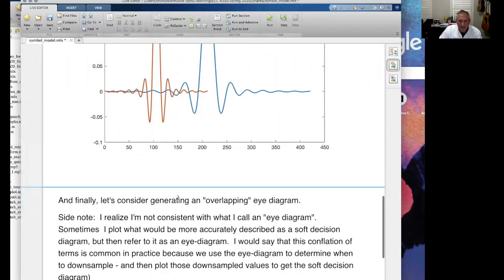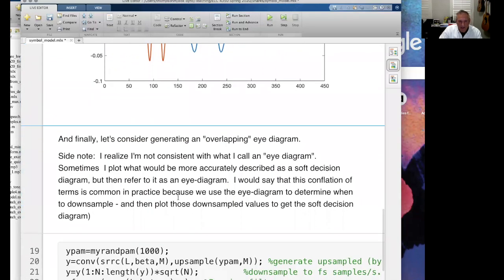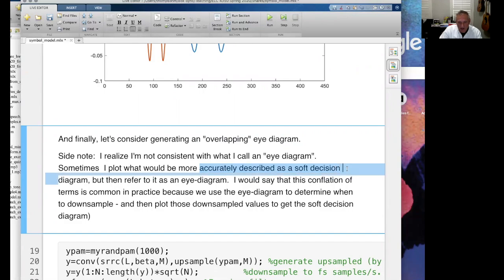Next, I wanted to generate an eye diagram. It occurs to me that sometimes I use eye diagrams in two different contexts, and I'm not really consistent with that. Many times I generate plots that would be more accurately described as soft decision diagrams, but I actually call them an eye diagram. I think the reasoning is pretty typical.